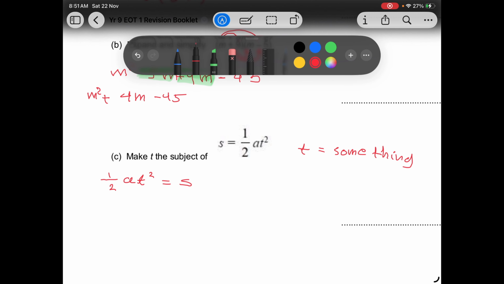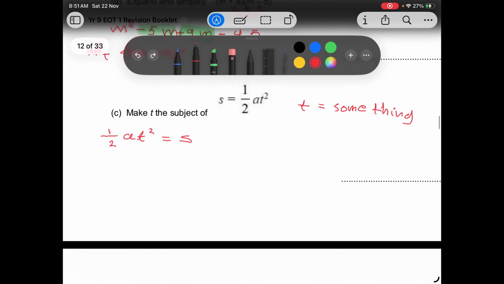And remember that I need to isolate t. I need t alone, but with t I have 1 over 2, I have a. So first of all, I don't want to show this 1 over 2, and to remove 1 over 2, you might think of dividing both sides by a half.